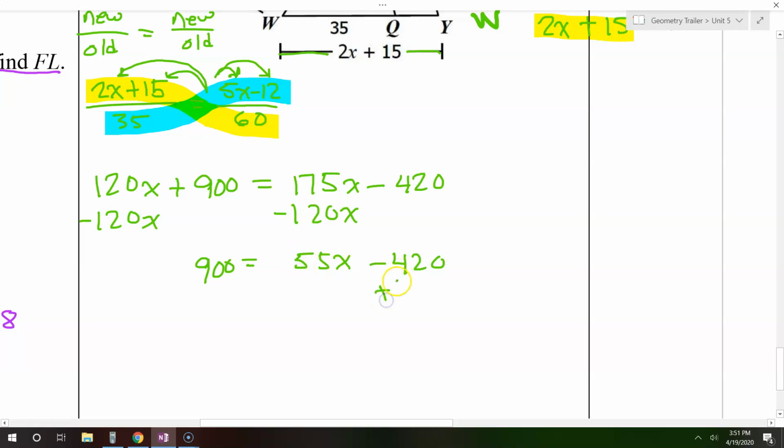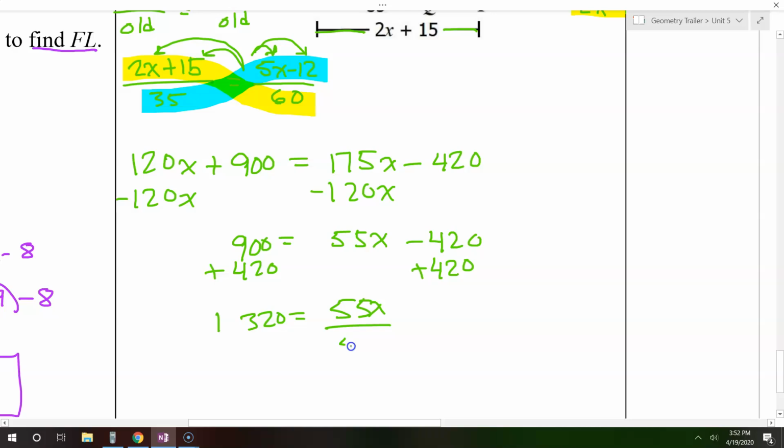All right, now it's time to add 420 to both sides. So I'm going to bring down my 55x. So this is going to be 1,320. And then the last step is to just divide both sides by 55.